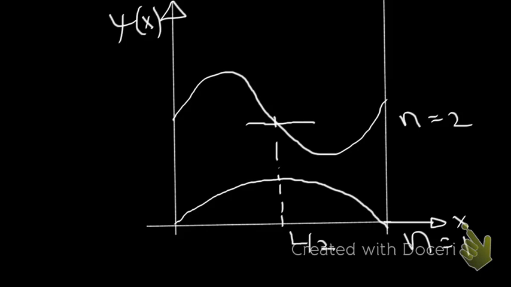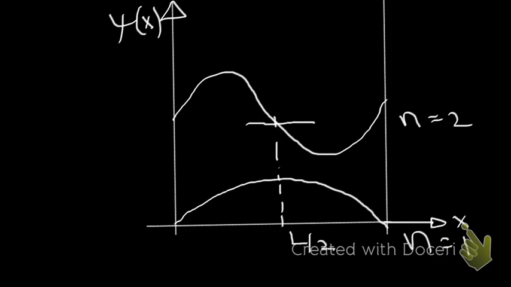Another fact is that these wave functions are mutually orthogonal. What that means is that if I take psi 1 and psi 2 and take the inner product, it is going to be 0 if they are not equal. However, if they are equal, then it is going to be 1.